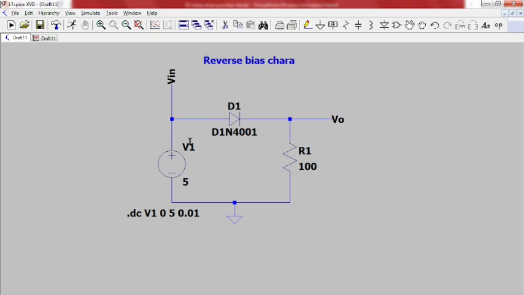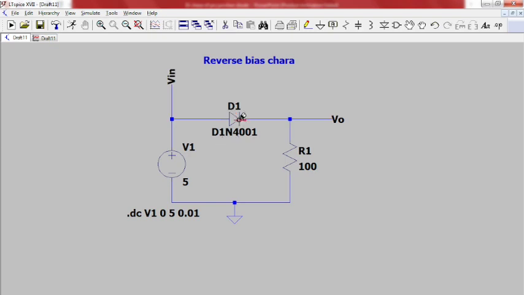To make reverse bias, what changes are needed? In reverse bias, the positive terminal of the diode should be connected to the negative terminal of the battery. That means a negative voltage should be applied to the diode.